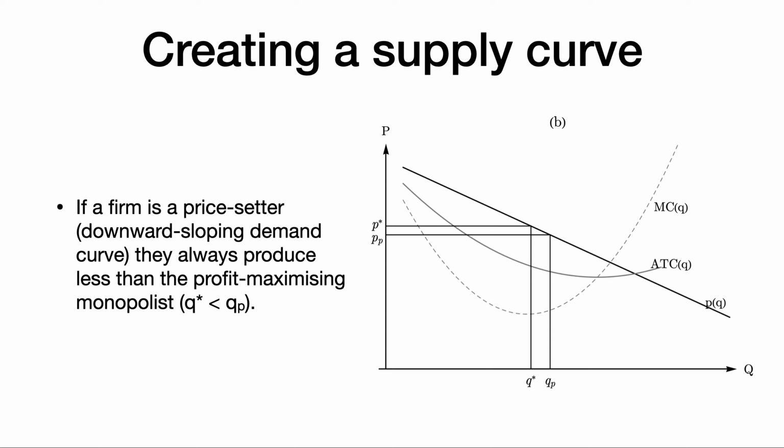The other interesting thing is that if a firm is a price setter, so that PQ, that solid black line downward sloping here, is the firm's individual supply curve, then a return-seeking firm always produces less. So the Q star is the return-seeking amount, the maximization of a return-seeking firm, whereas the P and the QP are the output and price combinations of the profit maximizing firm.